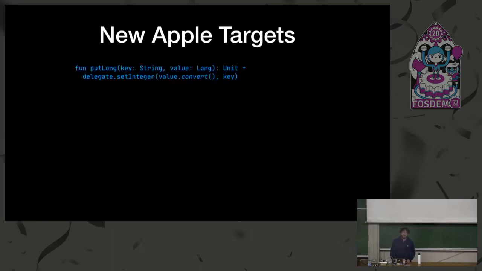And it's a good thing I had that, because I actually learned that my initial 32-bit implementation was not doing what I thought it was. So the user defaults API that these things are running under the hood has this set integer call, which is using the integer size that is native to the platform that it's running on. So it might be 32-bit or it might be 64-bit. And initially, I was just using this convert function that Kotlin Native provides to try to convert between those.